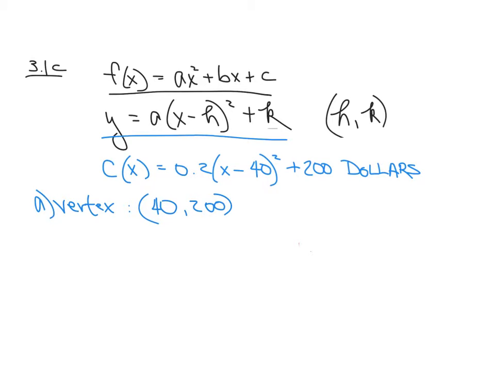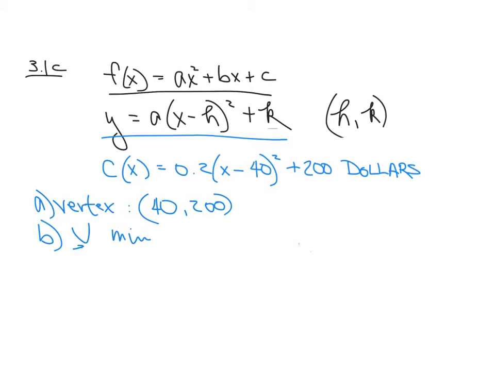And B, is the vertex a max or a minimum? Well, because this number here is greater than 0, there's not a negative sign in there, we know that it's going to open up. And so therefore we know we're going to get a minimum.